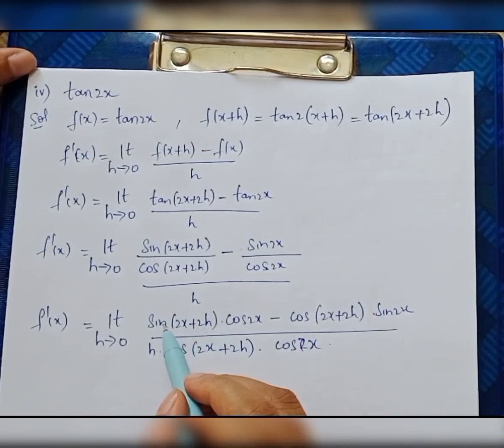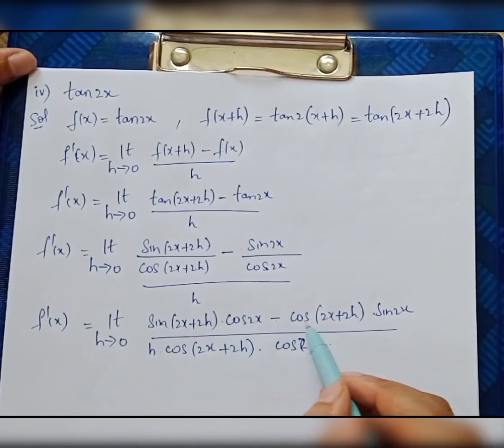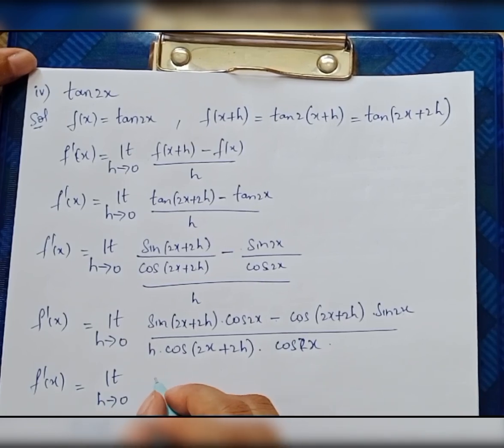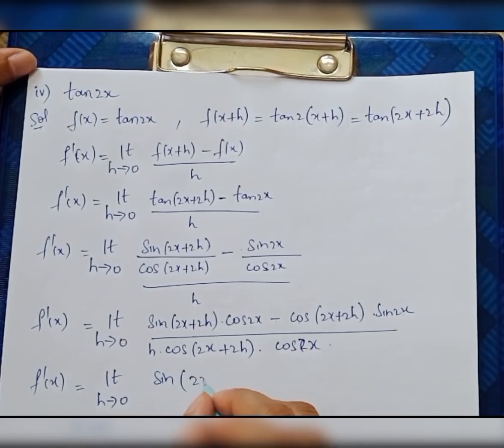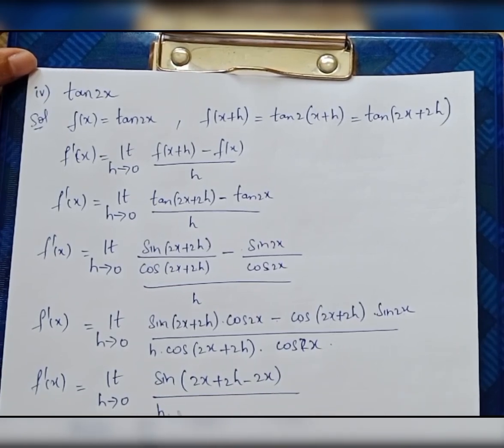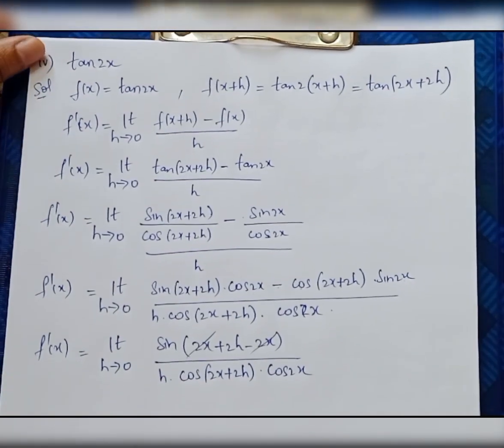Now here this is the formula of sin A cos B minus cos A sin B, so it is sin(A minus B). Limit h tends to 0, it is sin(A minus B), A is 2x + 2h, minus B is 2x, by h into cos(2x + 2h) into cos 2x. Here plus 2x and minus 2x get cancelled.